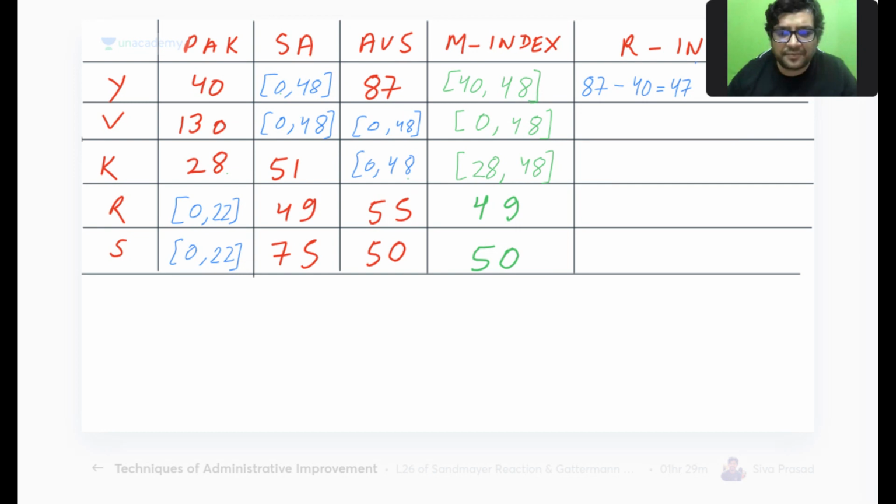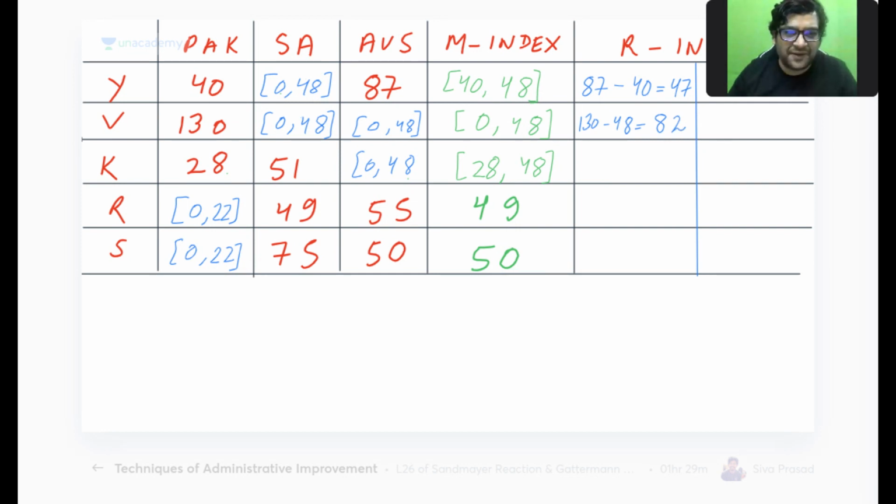Do you guys agree with me on this? For Virendra, what is the minimum range? 130 and 48. So the minimum range he can have is 82.